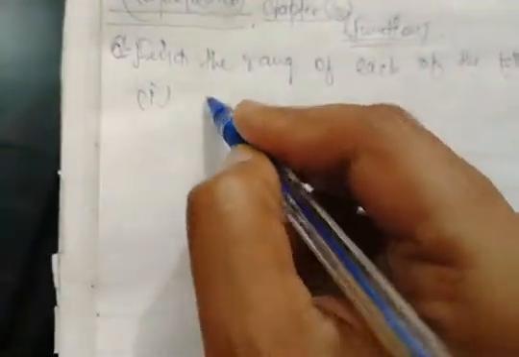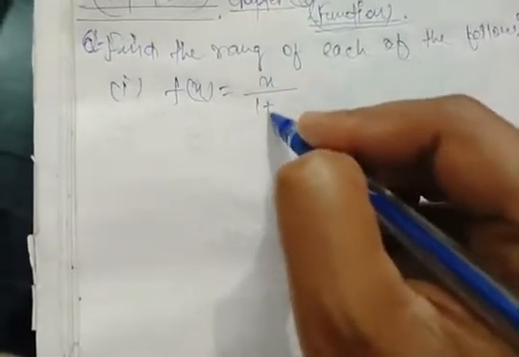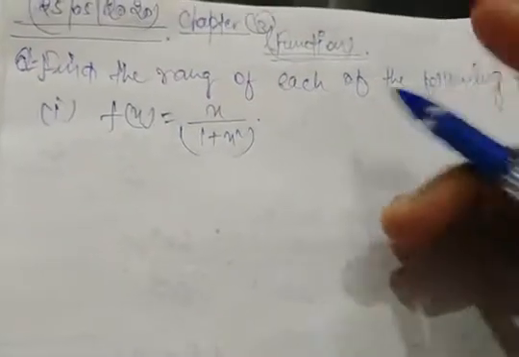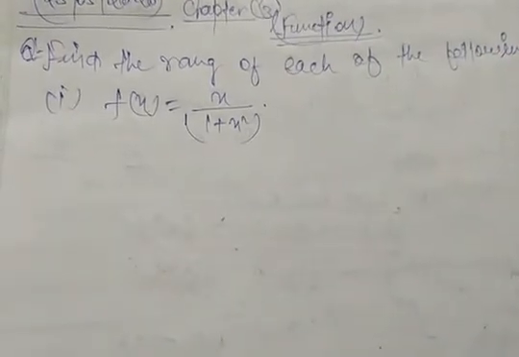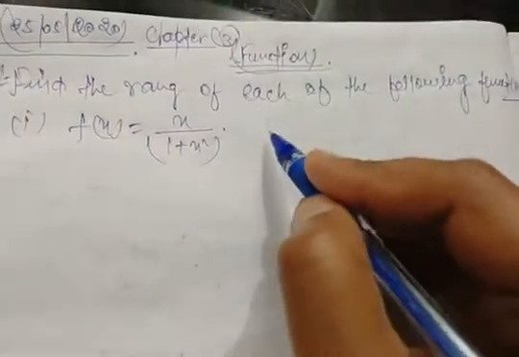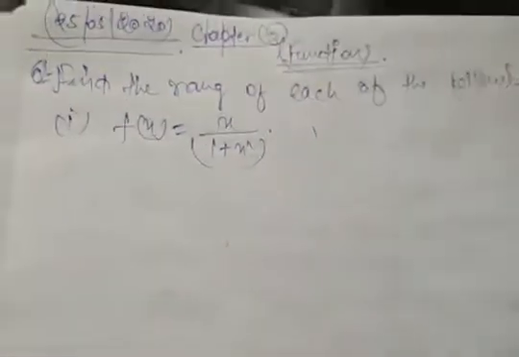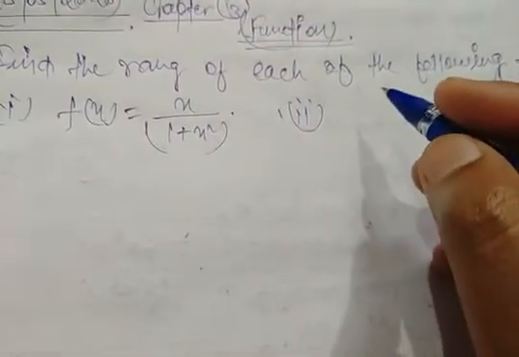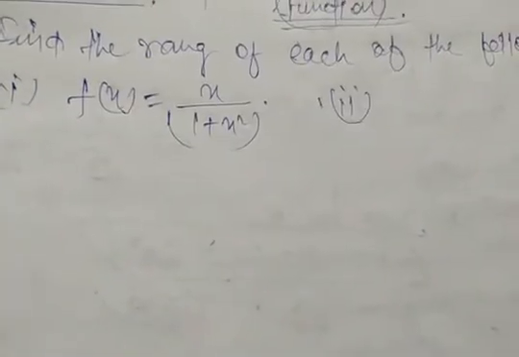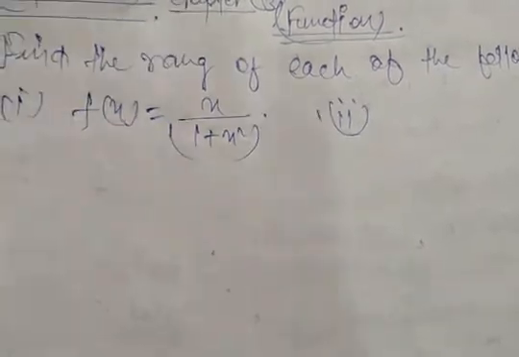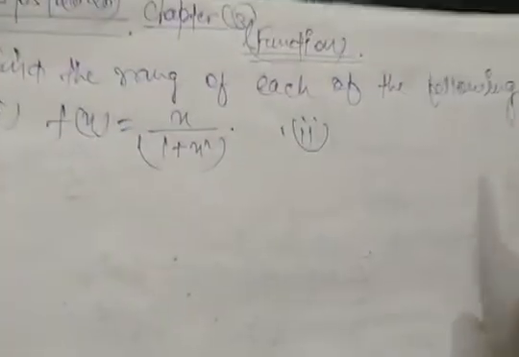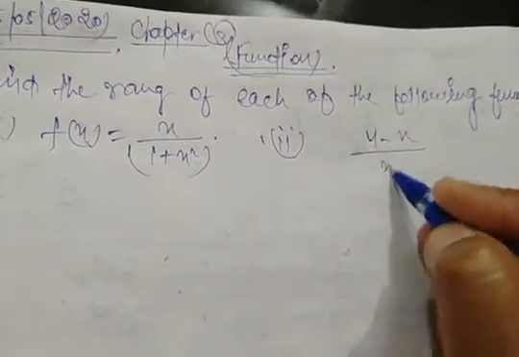Your first function is f of x is equal to x upon 1 plus x square, and the second is 4 minus x upon x minus 4.